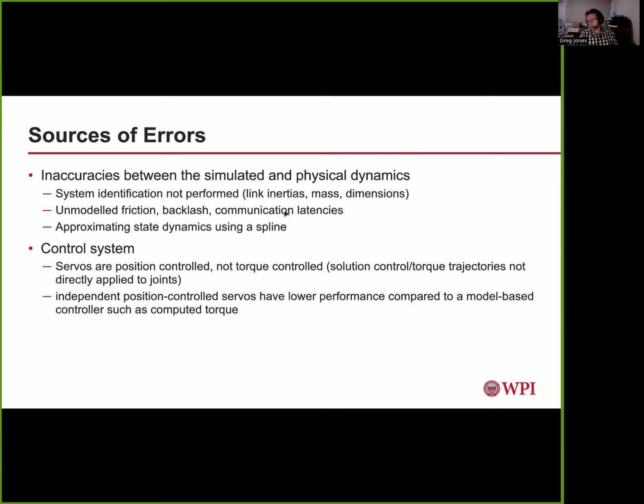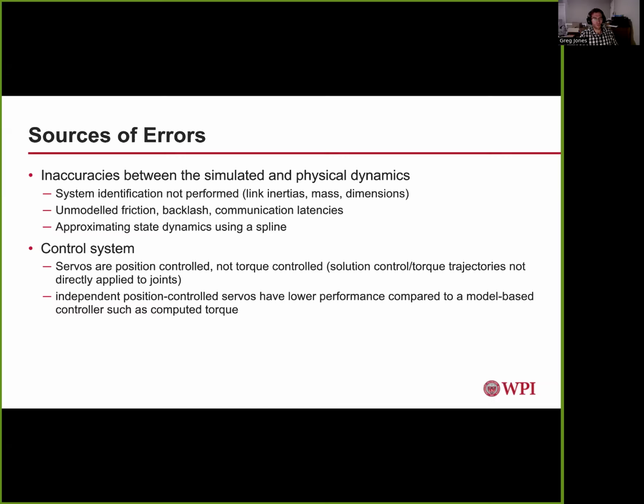And then there are also errors associated with approximating the state dynamics using splines. And then the control system: the servos were position controlled.